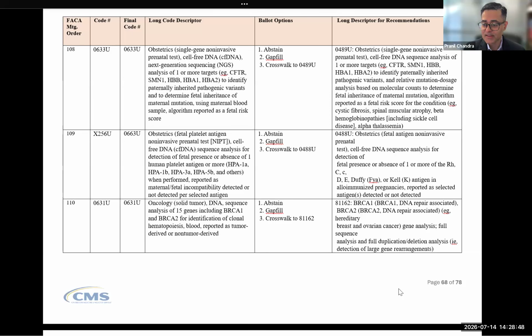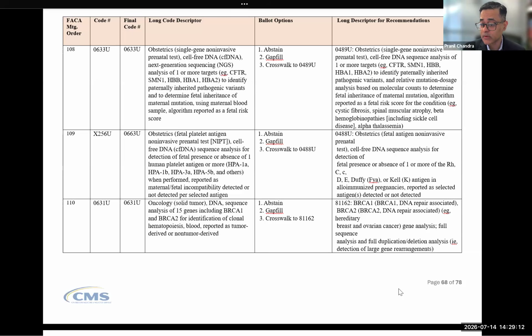All righty. So this is a CPT code that describes an obstetrics NIPT-based cell-free DNA procedure that's basically detecting the presence or absence of antigens that are sequenced and reported as detected or not detected per antigen.